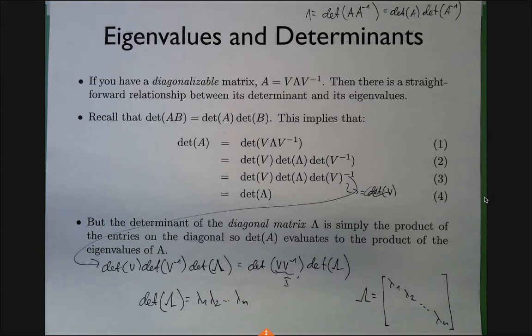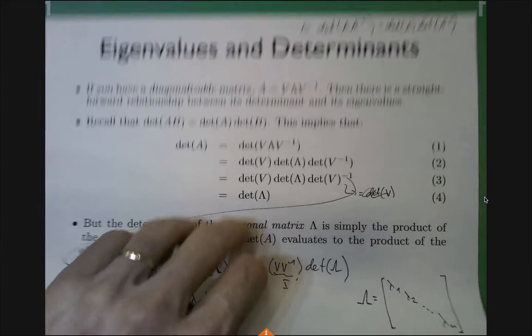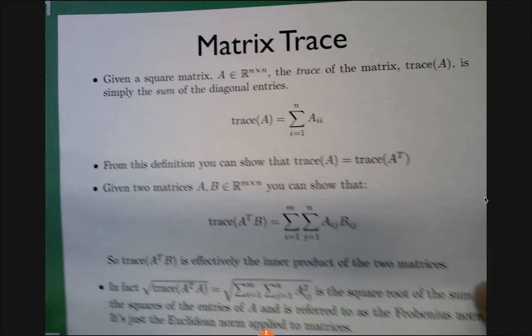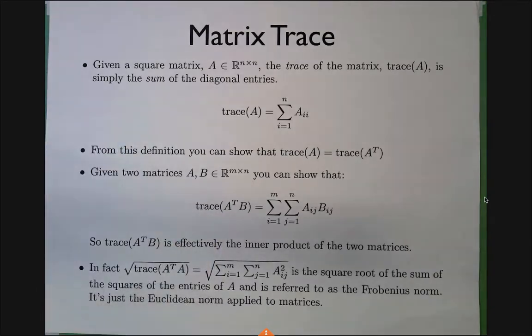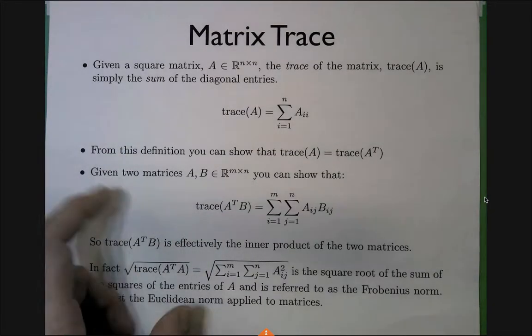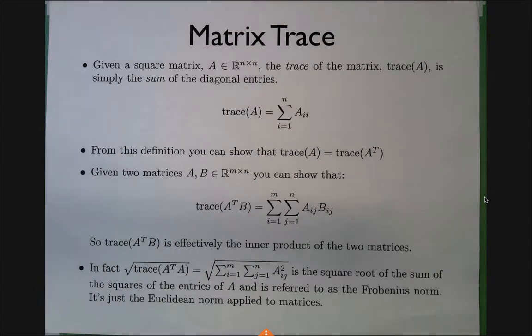There is another important concept, which is the trace of a matrix. It's useful not just in relation to determinants and eigenvalues, even though that's what I want to talk about now. It's a nice little tool in linear algebra. So let's take a look at it.